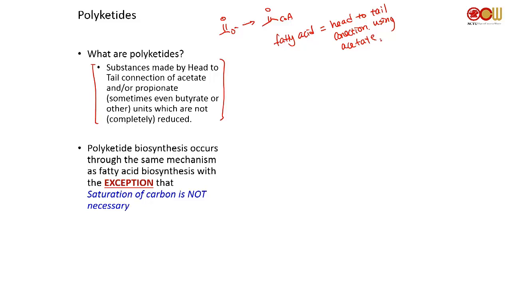Using acetate, 对不对？如果我们 based on 这句话的 structure，我们可以这样说，就是 fatty acid is made by head-to-tail connection using acetate.